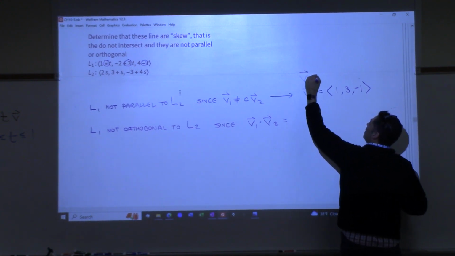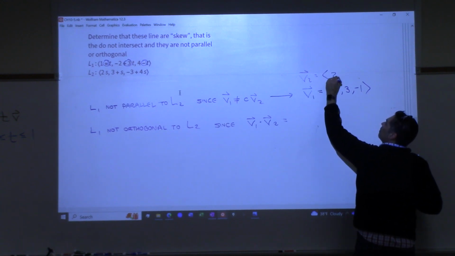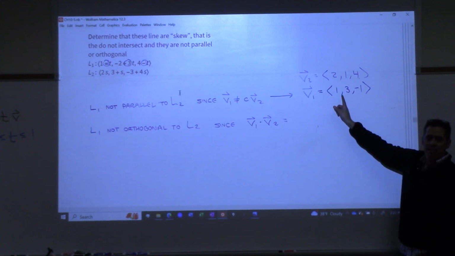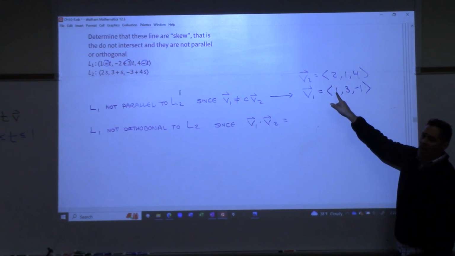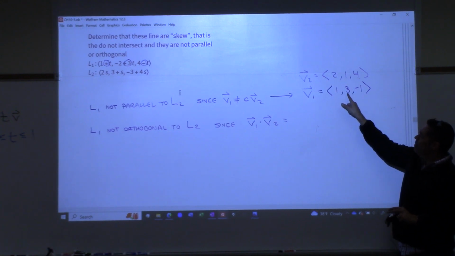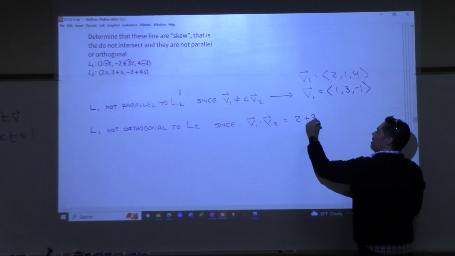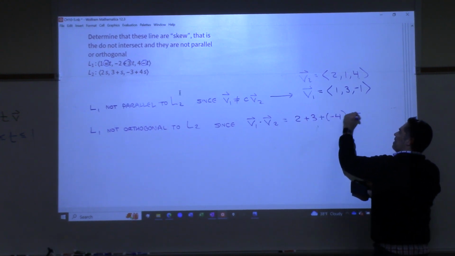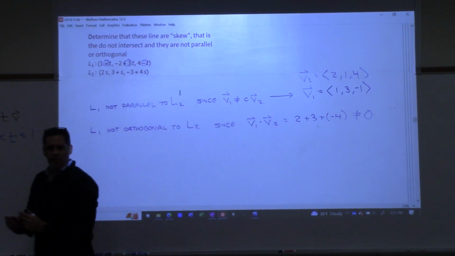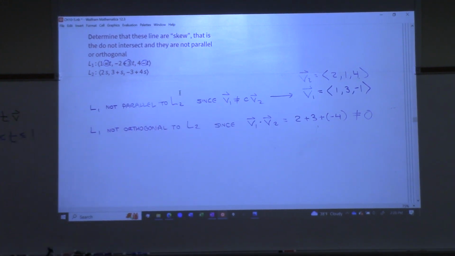What was V2 again? 2, 1, 4. I guess I could have looked up there, huh? Okay, so if I ask you to dot these, you go this times this: 2 plus 3 plus negative 4, but that's not 0, right? You need it to be 0 for us to be orthogonal.